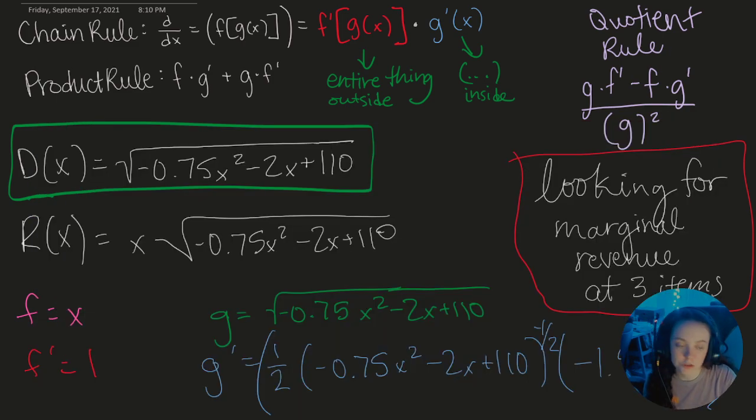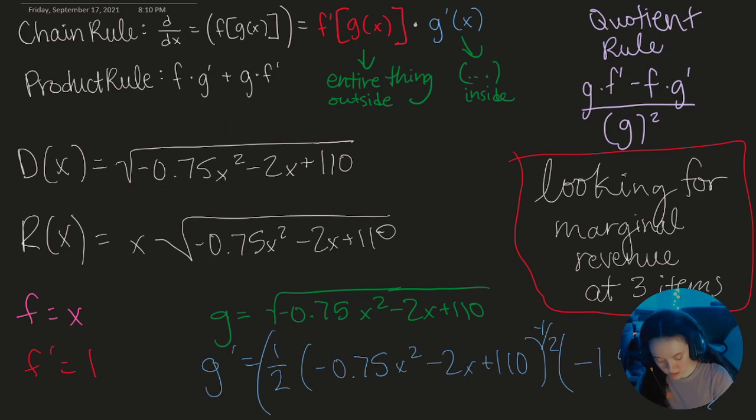In order to find revenue or find marginal revenue, we have to find revenue first. So our revenue function is just X times our demand function every time. And so I've done that right here.